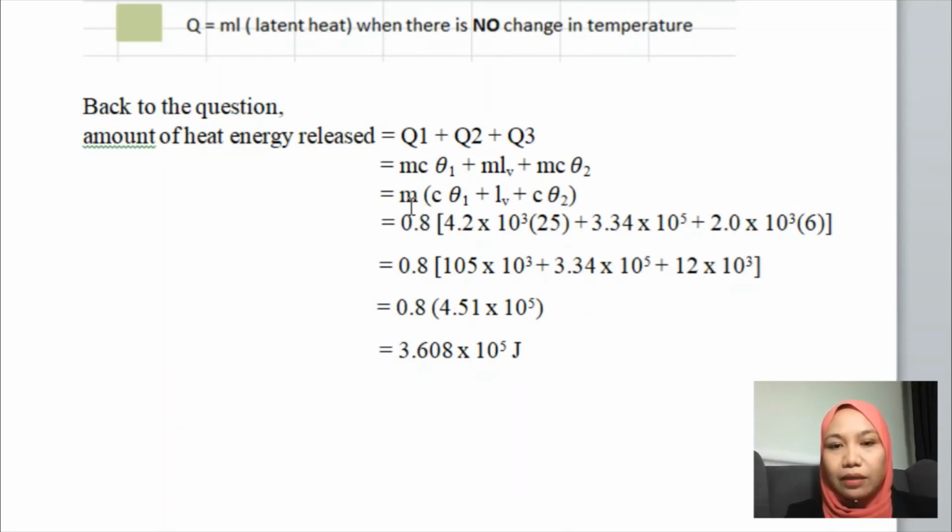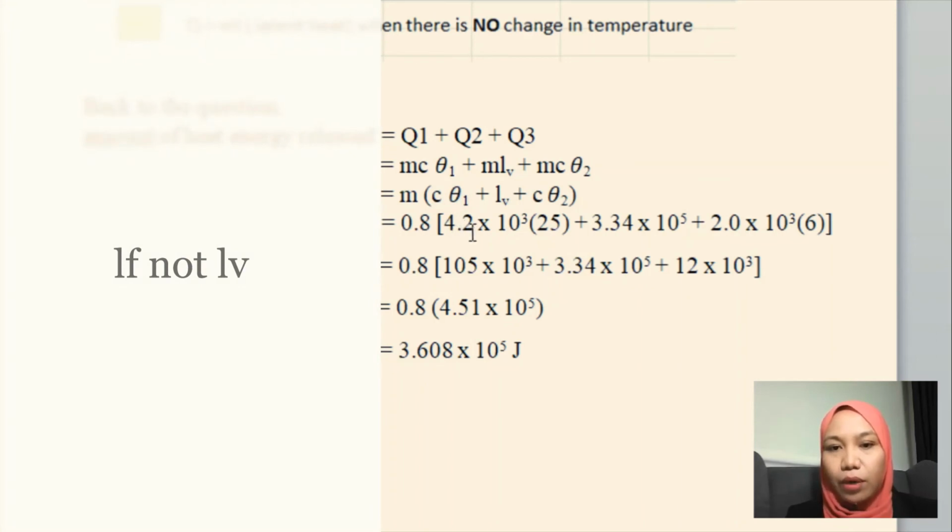The value of m, mass, is 0.8. C for water, the specific heat capacity of water, is 4.2 times 10 power of 3. And then change in temperature is 25 minus 0.